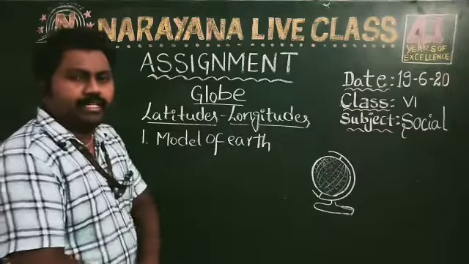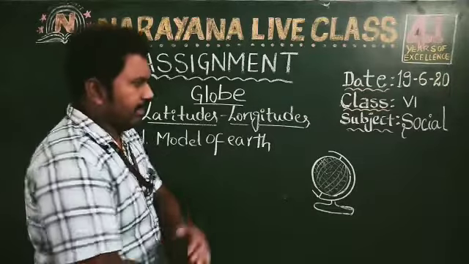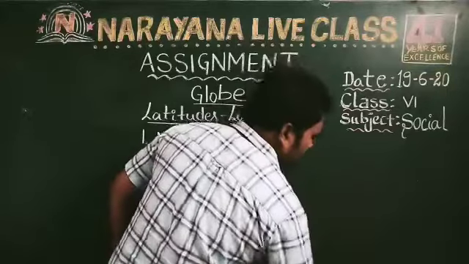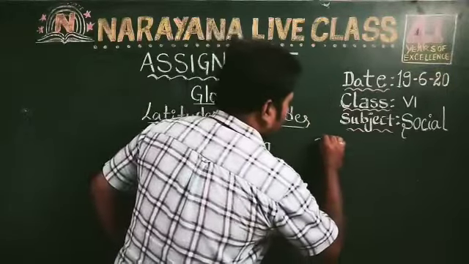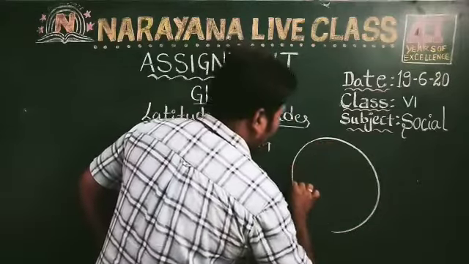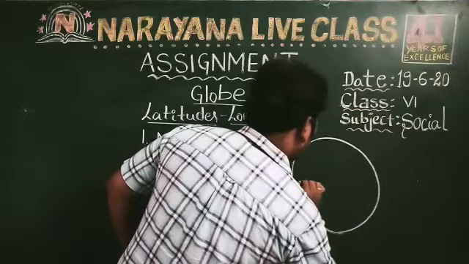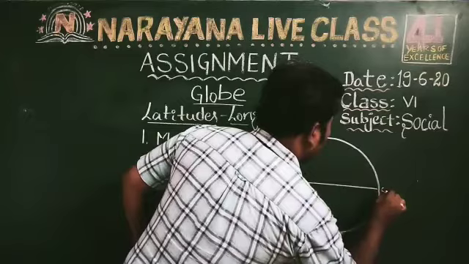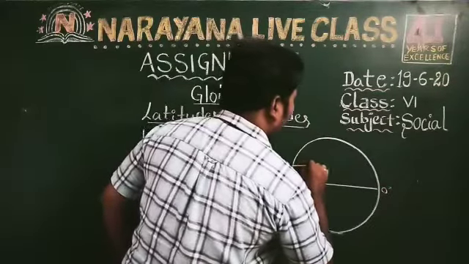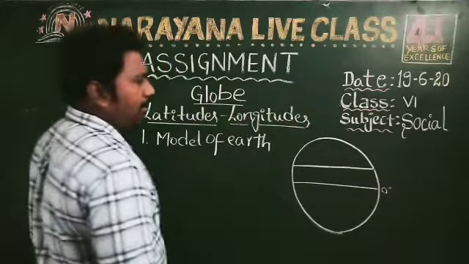Now the second question is, what are the 5 major latitudes? If you check here, there are 5 major latitudes on the globe. This is the equator, 0° latitude. This is the Tropic of Cancer, 23.5°.